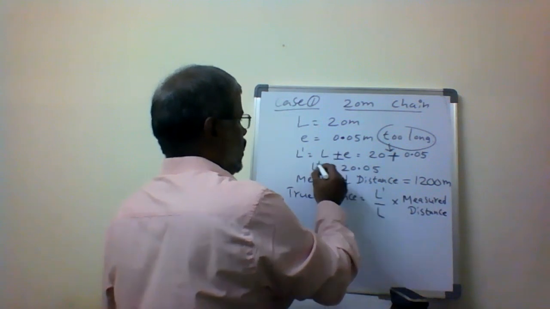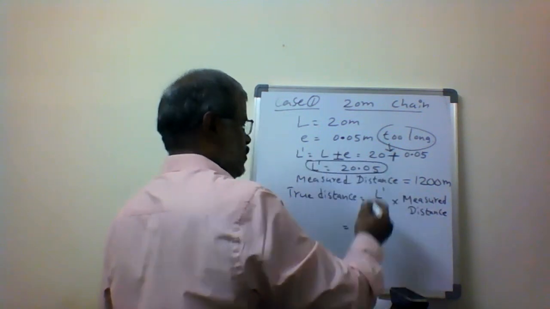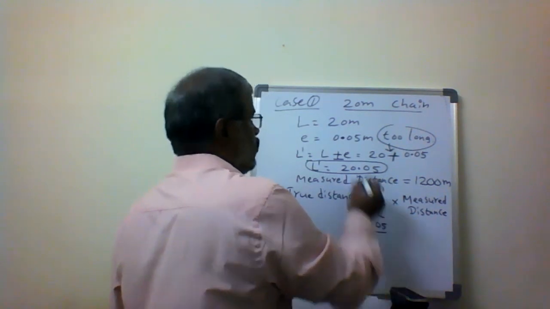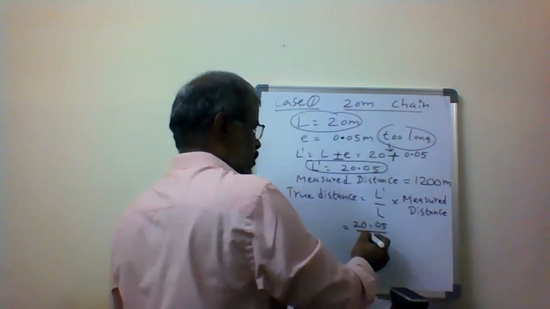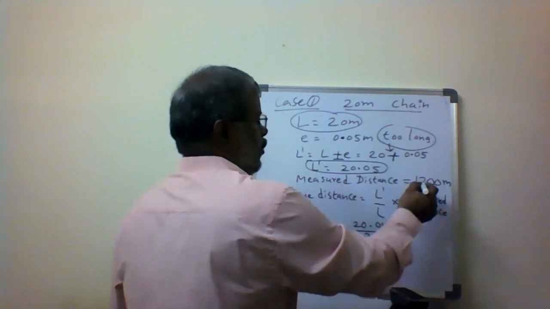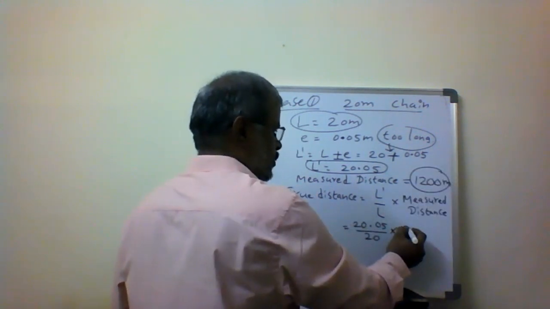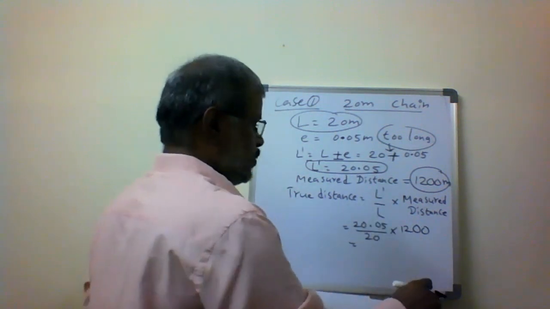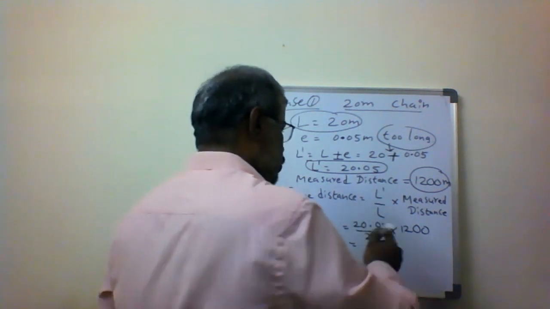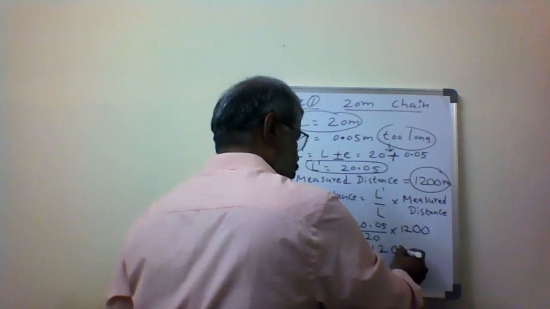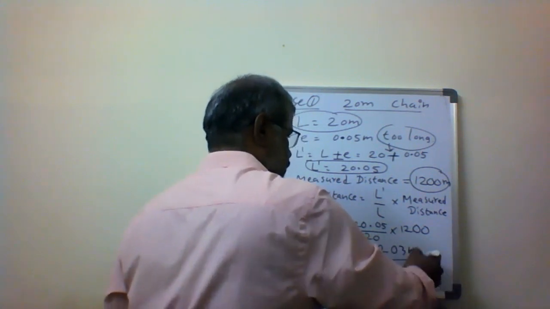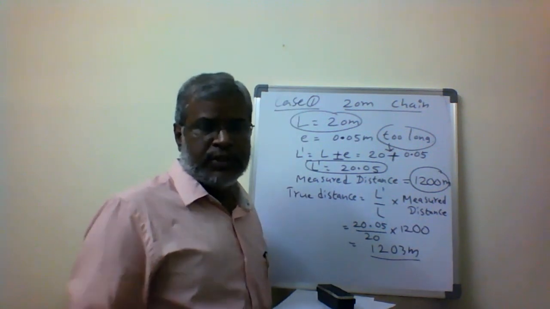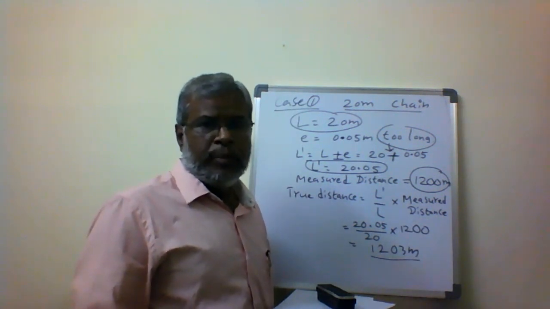L dash we already calculated as 20.05. L is 20, and the measured distance is 1,200. So this comes to 1,203 meters. So this is the first case: 1,203 meters is the true distance using the 20-meter chain.